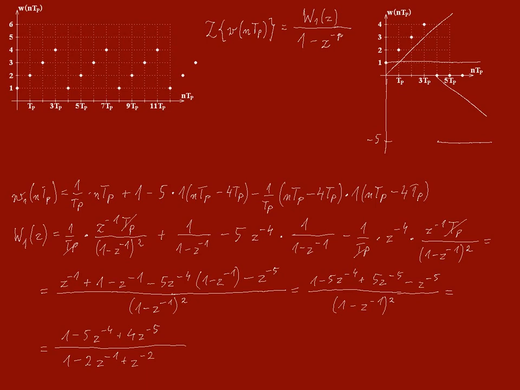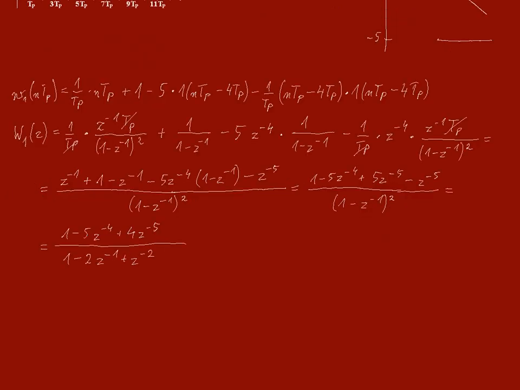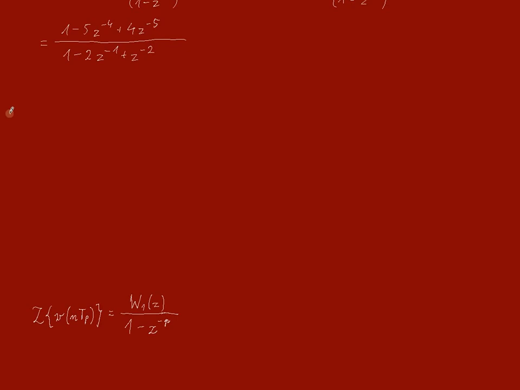And once we have the first period transform, we can easily substitute it into the formula. Each period consists of 4 samples, so here we enter 4.